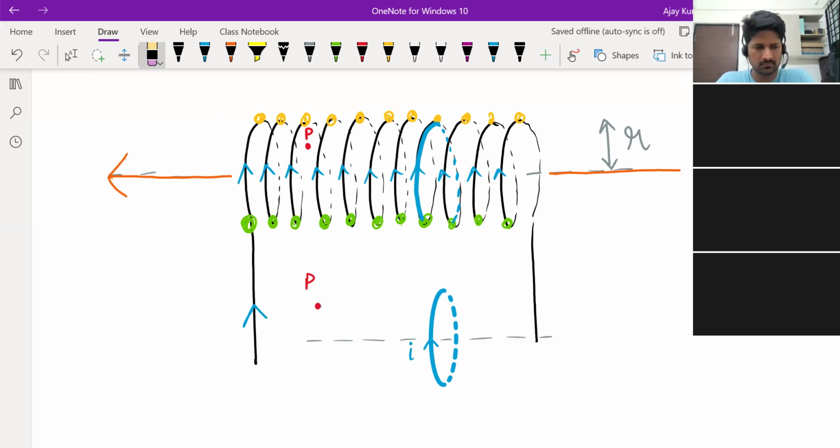So is it leftwards? So you are saying it will be like this. So you're indirectly saying the entire magnetic field produced by this loop is simply going to be straight lines like this.